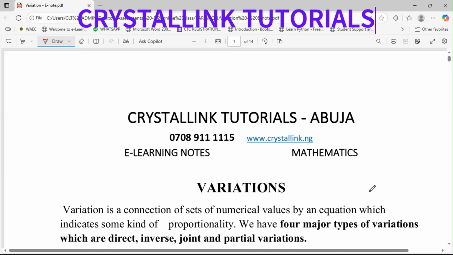Now in a practical sense, for example, what is the connection between the price of petrol and transport fare? When there is an increase or decrease in the price of petrol, how does it affect transport fare? That is a typical practical example of variation.